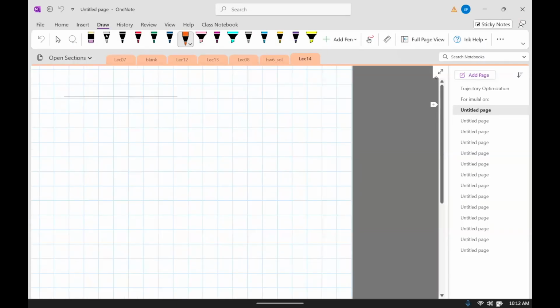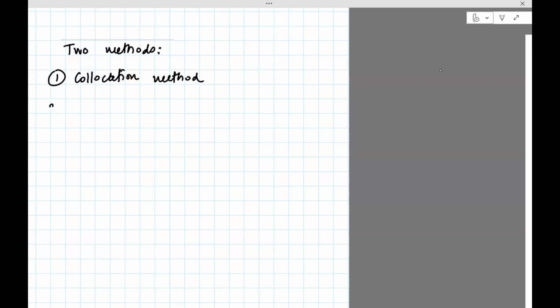So we'll look at two methods of solving the problem. Number one is called the collocation method. The second one is known as the shooting method. I'll show you code, and of course we'll compare the solution from both these methods.